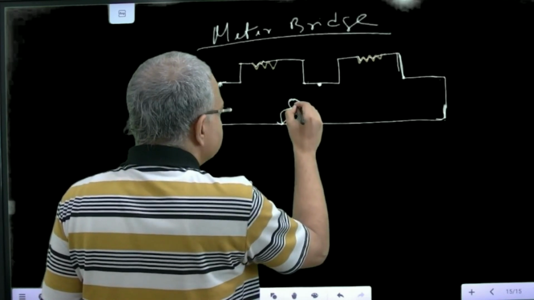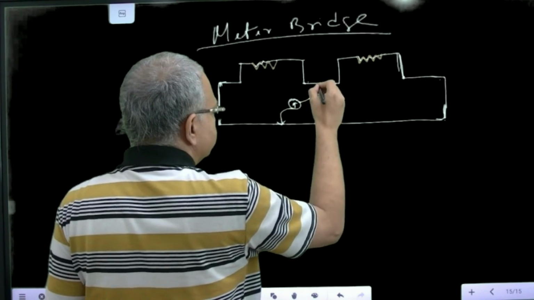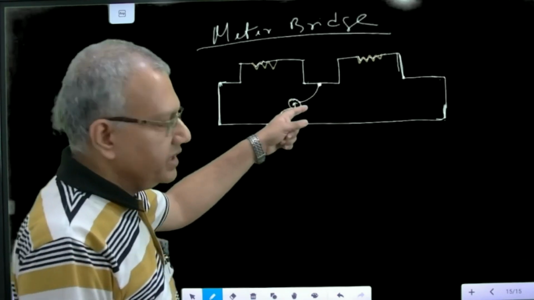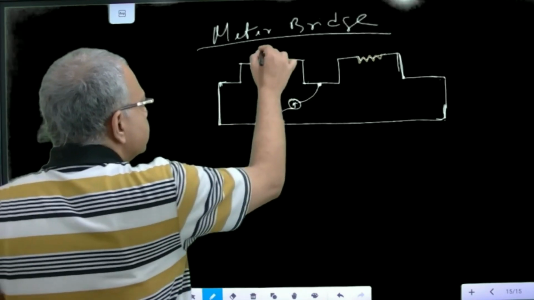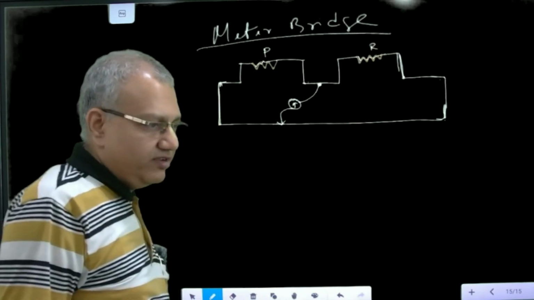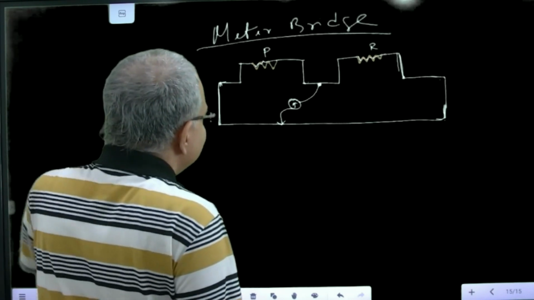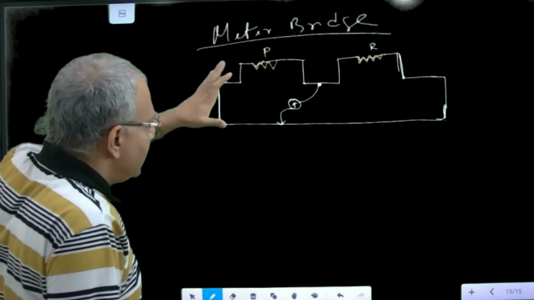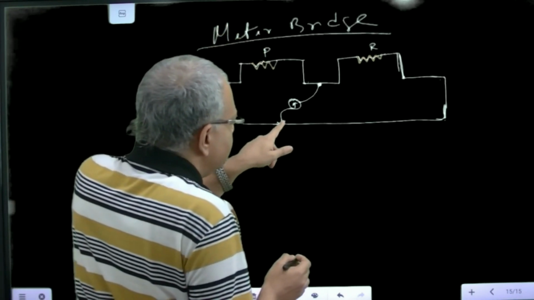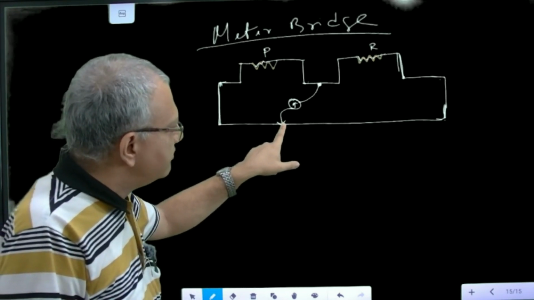There's a pointer. It will show deflection, so we can understand the current is flowing. So now see, if this is P, R, let us think this. What happens here is like this: P, and the pointer of the galvanometer is connected at this point. What we can observe from here?